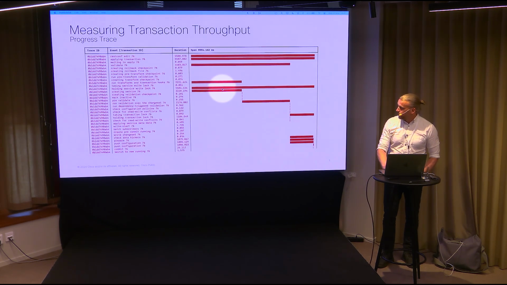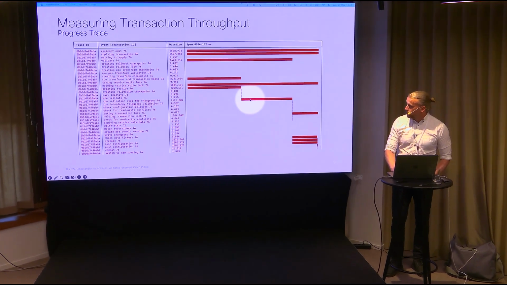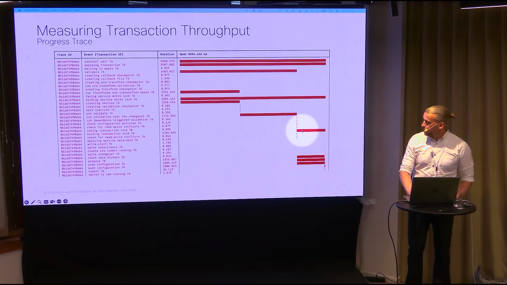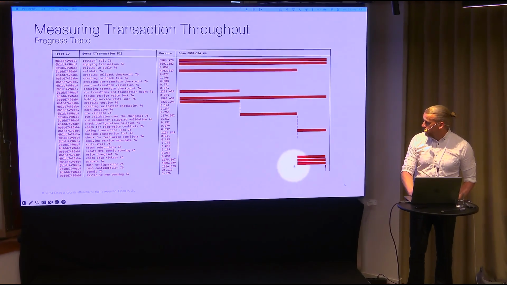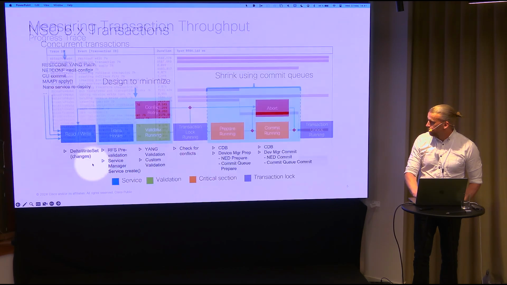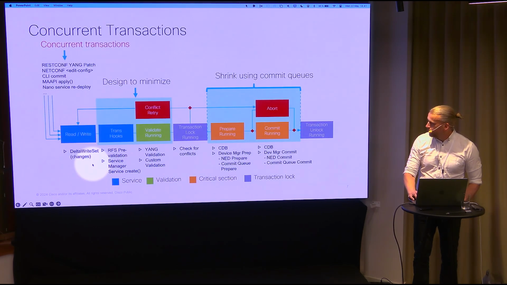So here you can see that the service create takes about 2 seconds in this progress trace, and there's a validation phase which also takes a couple of seconds, and then the updated devices, in this case just one device. So it's holding the transaction lock, pushing the configuration up.